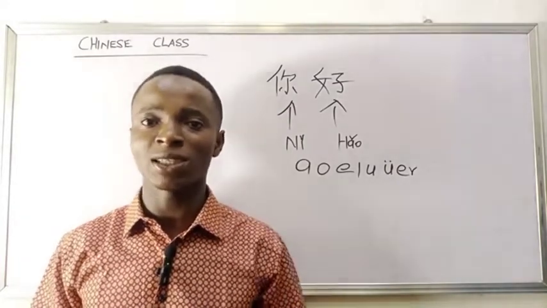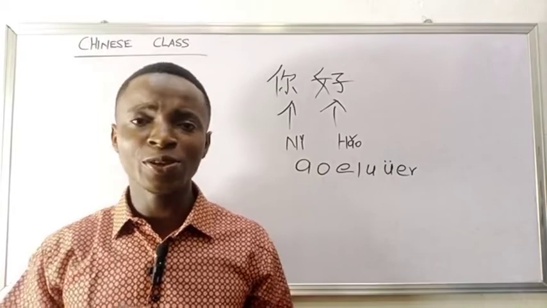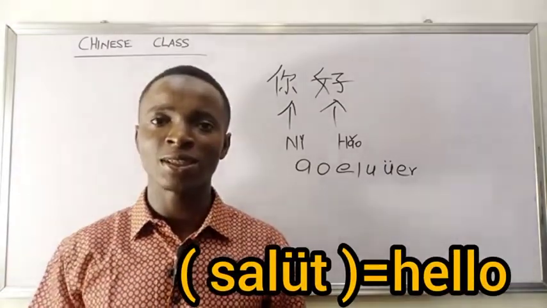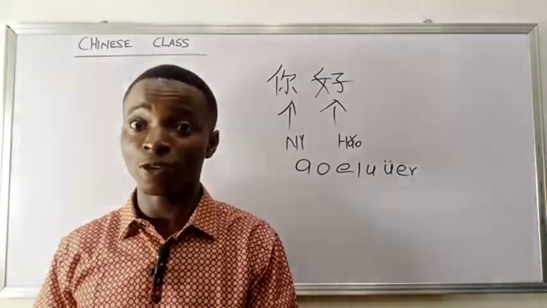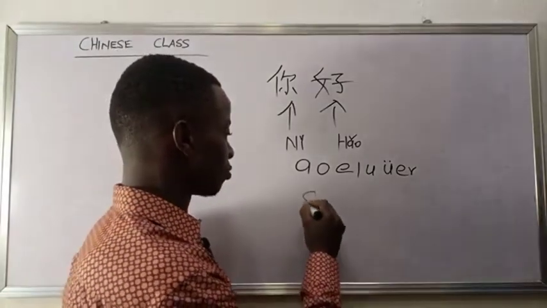Then the next part is ü. This part is not gotten from the English language. So we got this in the French language. There is what we call salut. Salut is also a way of saying hello in the French language. So that's salut. Let me write it down. Salut.